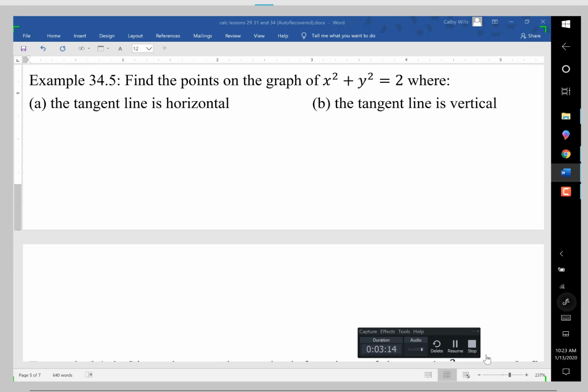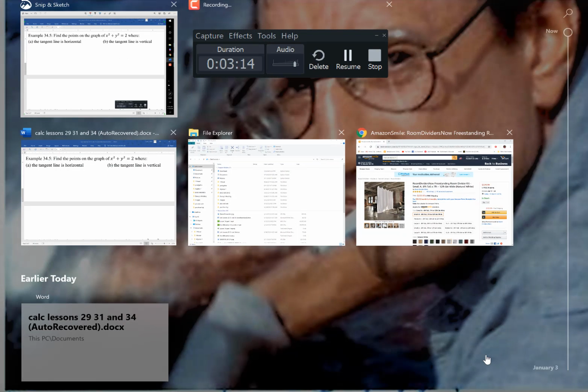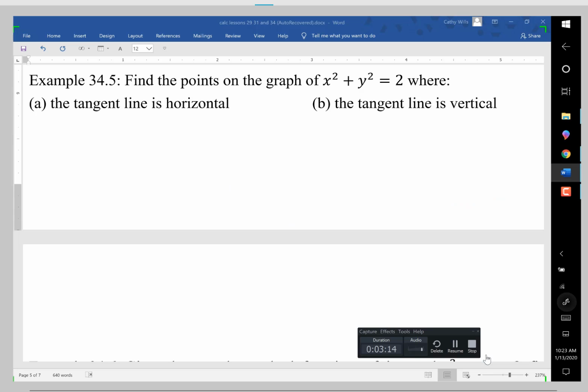Okay, so this next example says find the points on the graph of x squared plus y squared equals 2 where A, the tangent line, is horizontal. So remember, a horizontal line has a slope of 0. So we're looking for where this circle has a tangent line whose slope is 0.